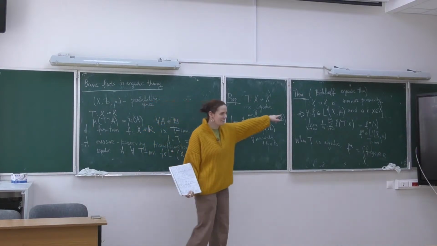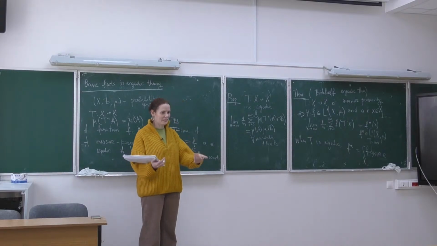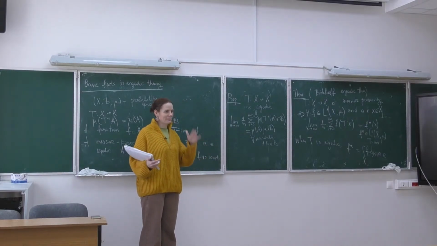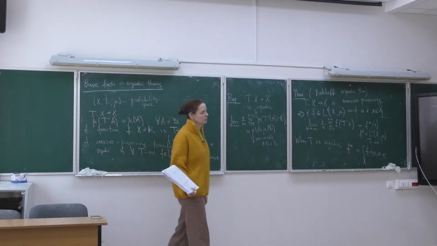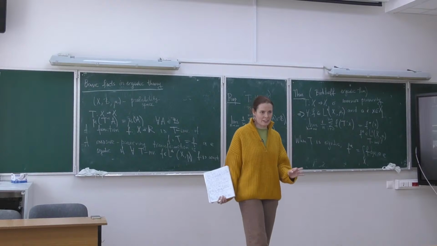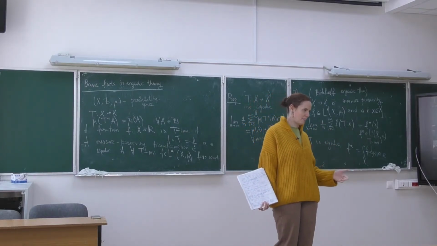Almost every. So when you need to prove something for almost every point, it's a good point to think in an ergodic way. But sometimes you want to know something about a particular trajectory, the destiny of a particular point in your dynamical system.